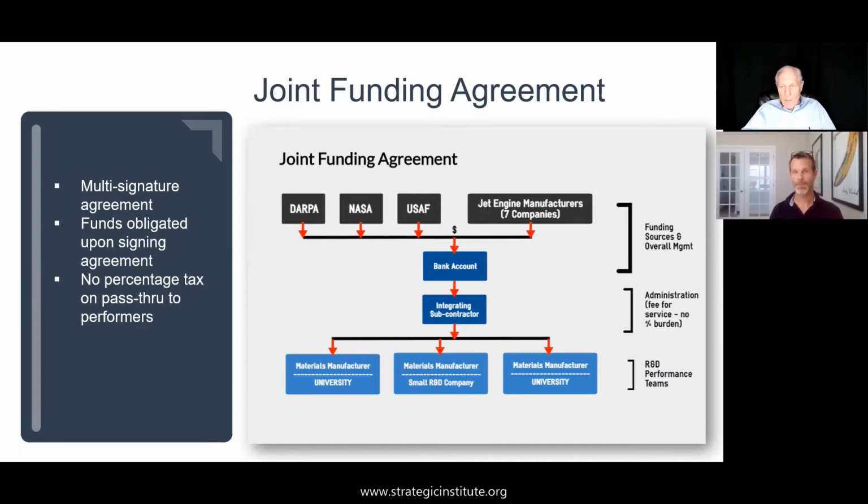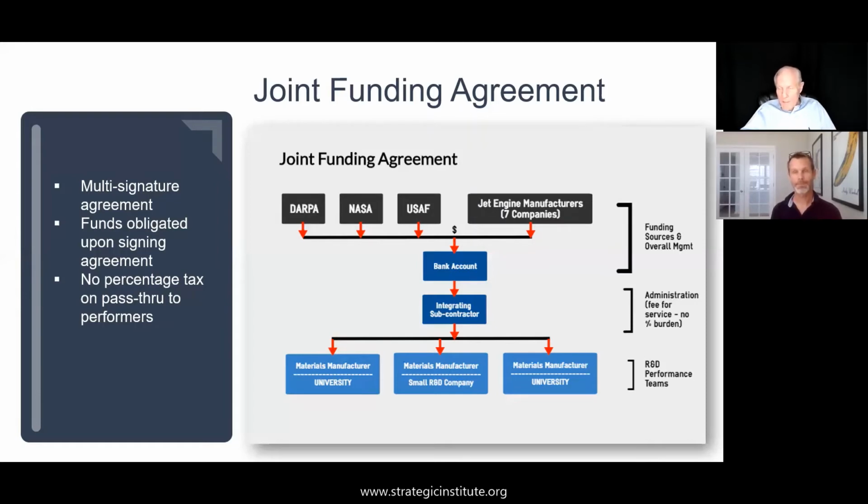They all put money in. DARPA put money in. NASA Lewis, which is now NASA Glenn, put money in, and the United States Air Force Materiel Lab put money in. The money was obligated when the agreement was signed and went into a bank account and became available until expended.